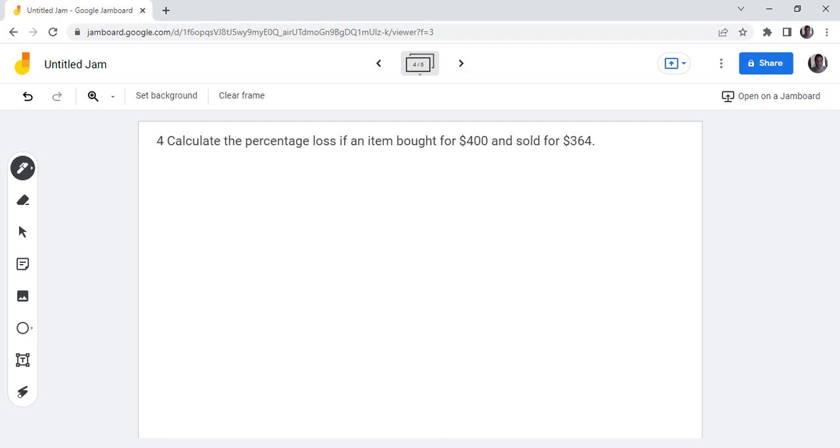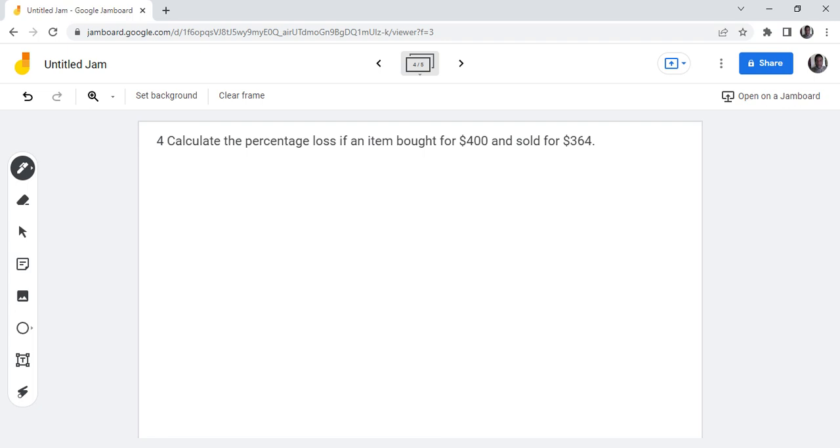Calculate the percentage loss if an item bought for 400 is sold for 364. The formula for calculating loss is the opposite of the formula for profit. If the formula for calculating profit is selling price take away cost price, then you do the opposite to find the loss formula.